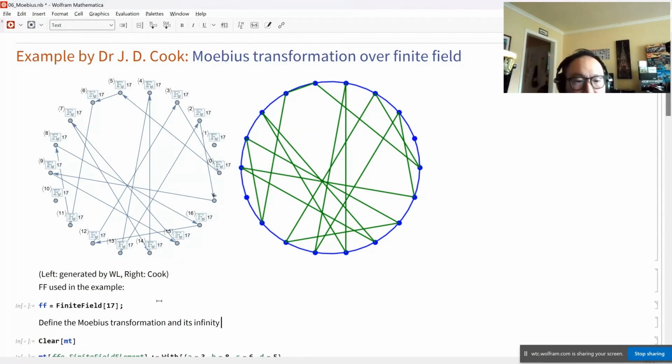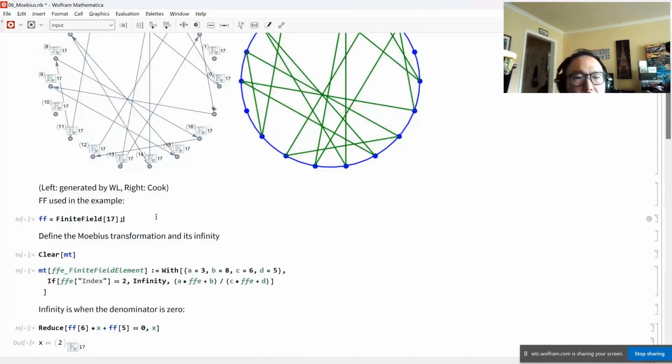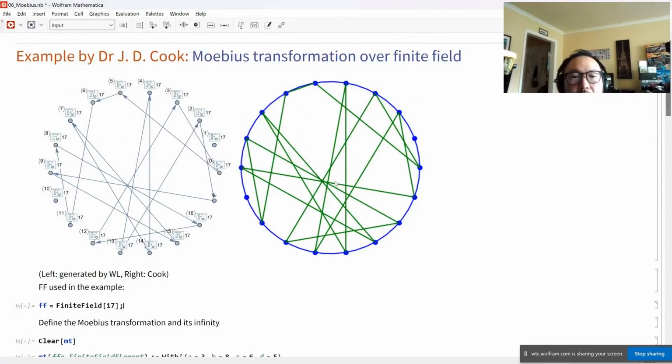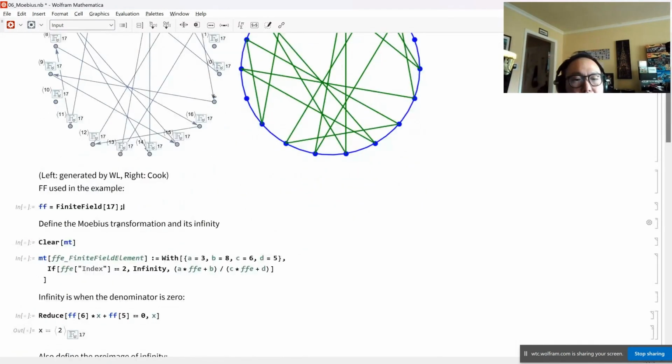that more consistently. This graph comes with 18 dots, but it's generated on finite field 17. So there are only 17 elements in this finite field, because it's not compact for our Möbius transformation.